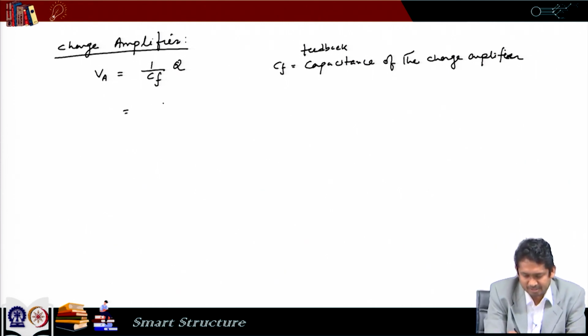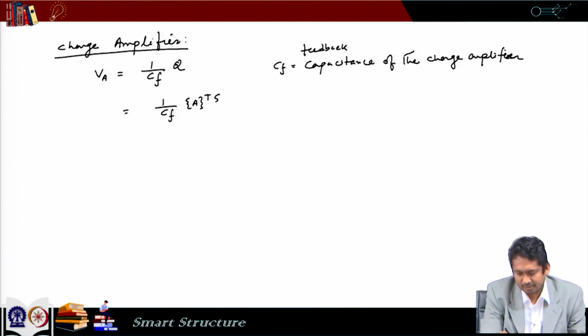This expression can then be written as 1 by Cf multiplied by the A vector multiplied by the q vector.